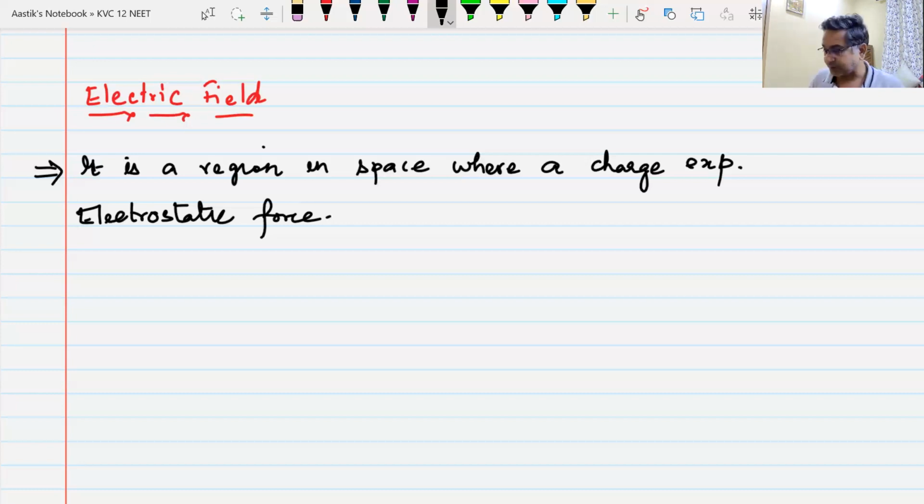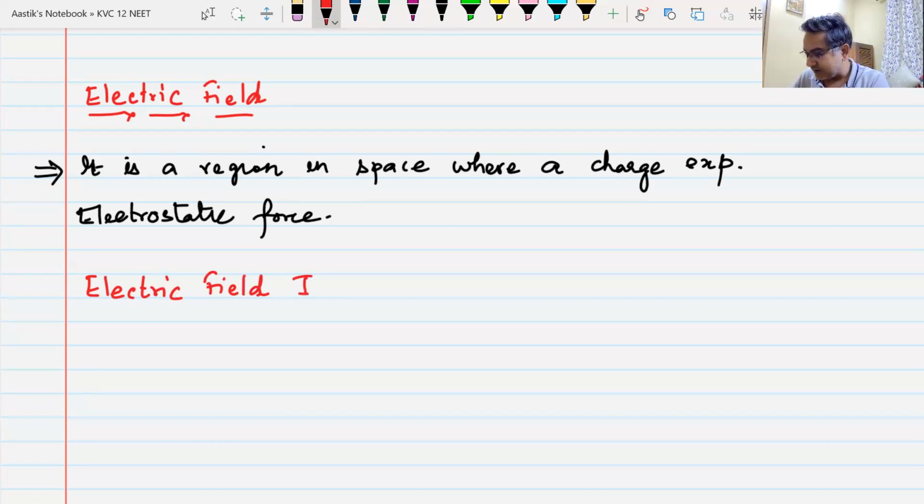Now, to understand this electric field, we have to find out how big or how strong it is. So we use this term electric field intensity or the intensity of electric field. Sometimes when someone says electric field, he means the same thing, electric field intensity.